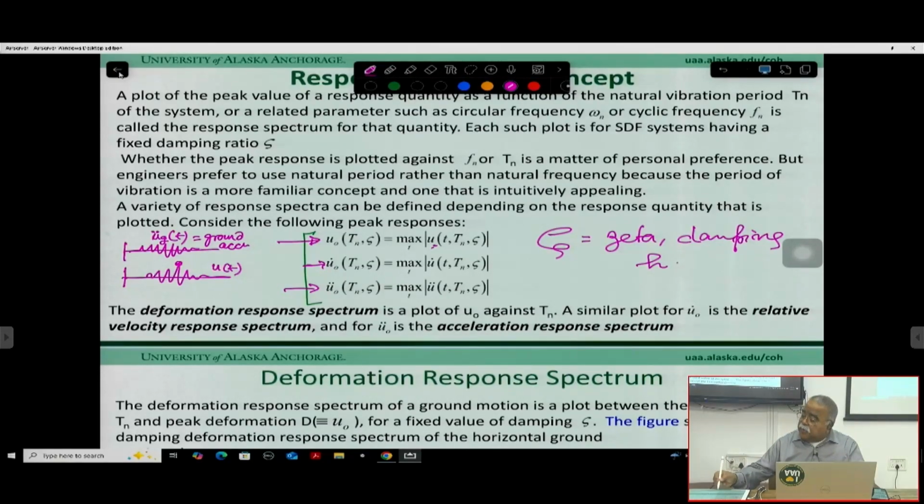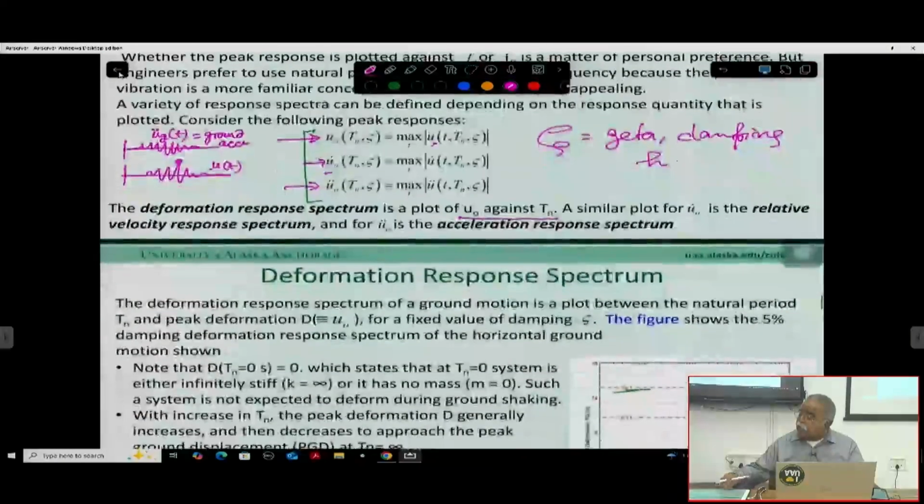U0T. Then you can differentiate that, making it the velocity, and then calculate your U0 dot. Then making it an acceleration, you can calculate U0 double dot. So the deformation spectrum is a plot of U0 against Tn, right?